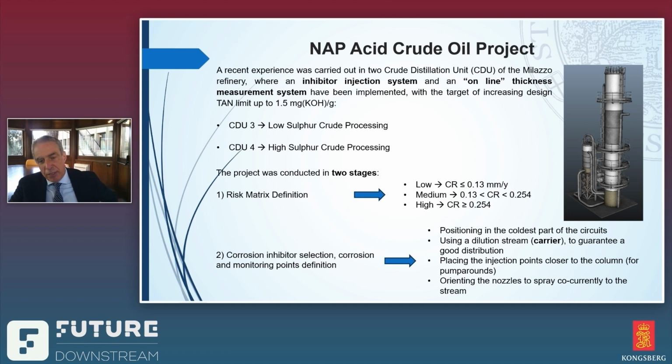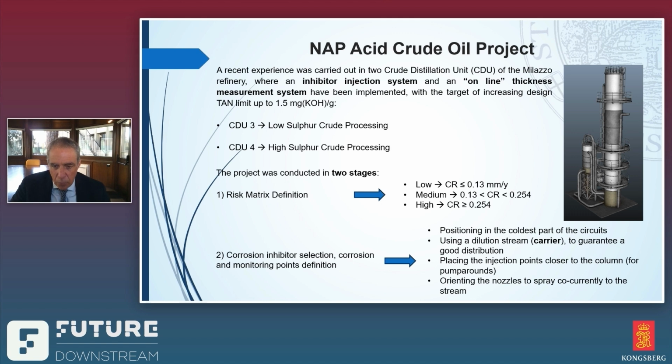Medium is between 0.13 and 0.254, and high corrosion is greater than 0.254. Also, there was the selection of the corrosion inhibitor, and also the choice of monitoring and definition of the points that are more in danger, let's say.